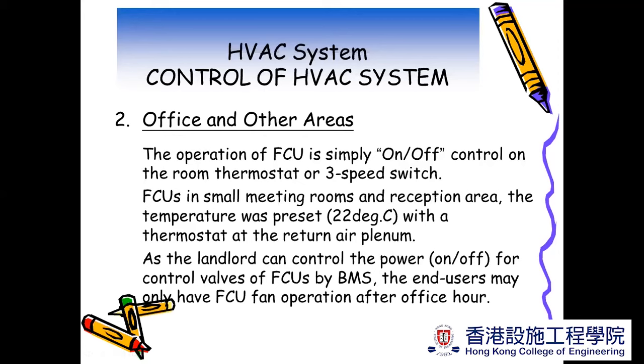The landlord can control the power on and off for the control valves of the fan coil by BMS, and the end user may only have fan coil unit fan operation after office hours. That's why I'm saying that the cooling and heating is controlled by the valve via the BMS.